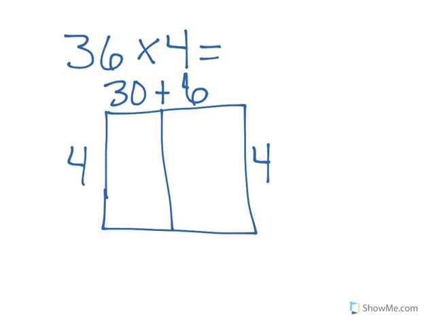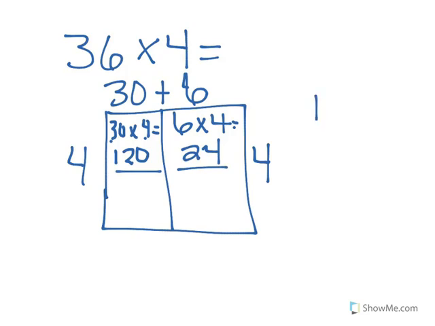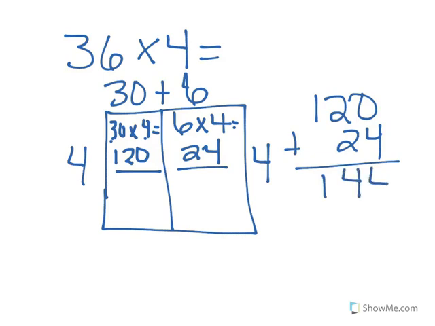So 30 times 4 gets me 120 because 3 times 4 is 12. Add the 0. In the second box I get 6 times 4 and that's 24. Add those two partial products, 120 plus 24, and I get 144.